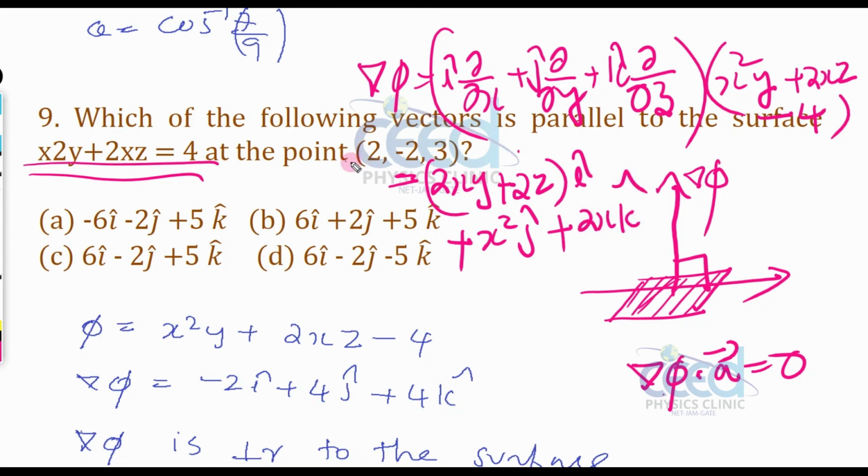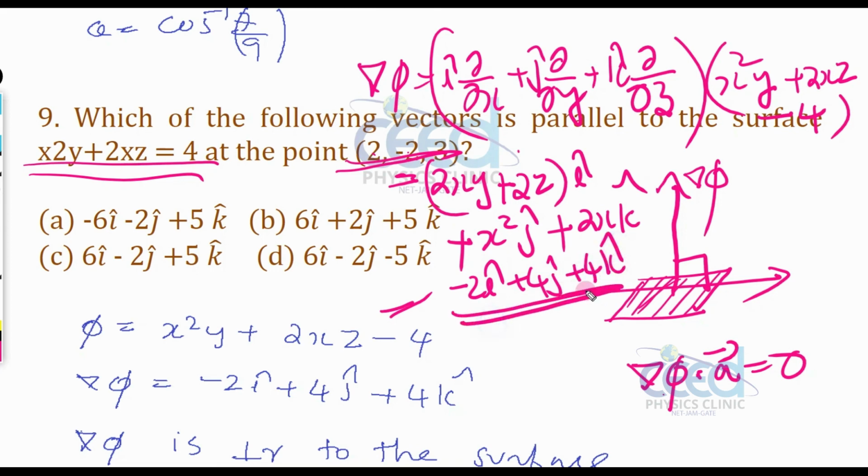When you substitute the point values x equal to 2, y equal to minus 2, z equal to 3, you will get the value minus 2i cap plus 4j cap plus 4k cap. Now this is the gradient phi. This gradient phi is perpendicular to which vector given in the options, you can check by trial and error.